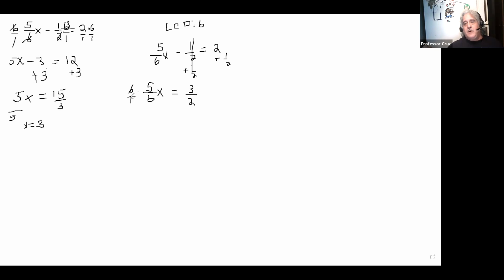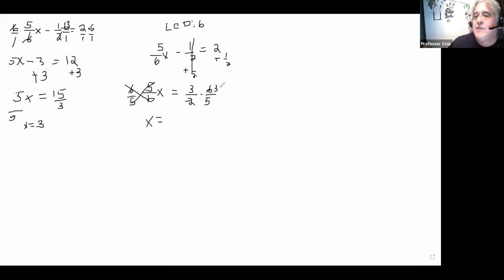But if you find the least common denominator and multiply by that, you no longer have any denominator. Hold on. Did I write it down right? 5/6 x minus 1/2 is equal to 2.